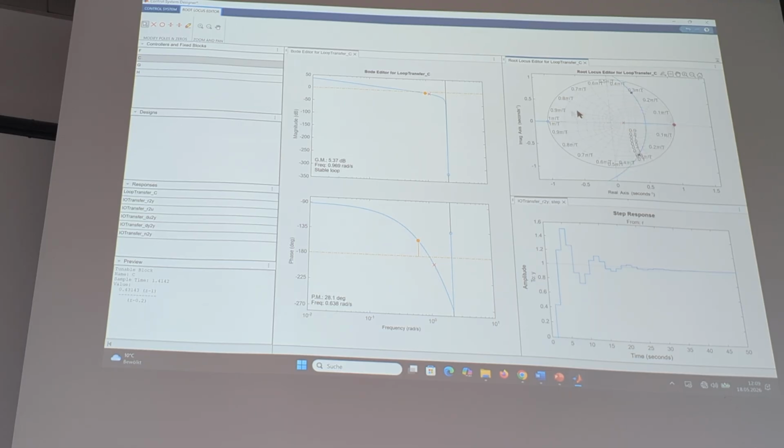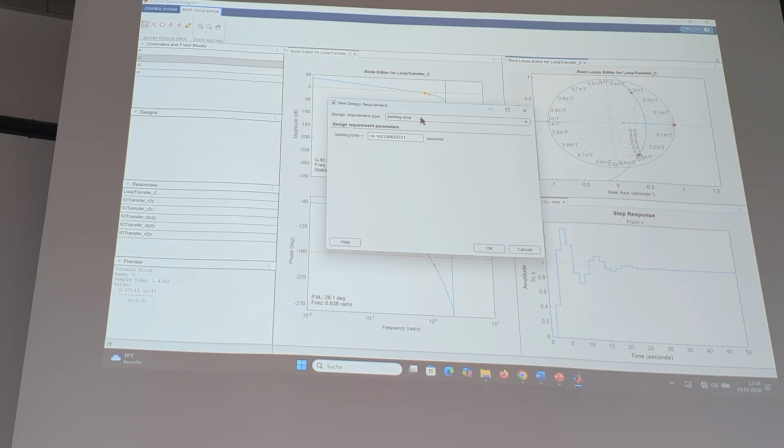New will open up a little window, and there you can pick again settling time, percent overshoot, damping ratio, natural frequency. So all the requirements that you like, and then you can separate the whole complex domain into a yellow forbidden area and a white area where you have to place all the poles in order to fulfill the defined requirements.